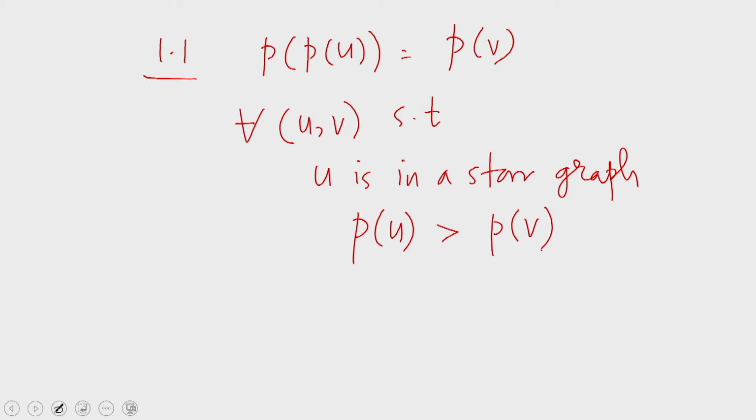Now, the new pointer being defined here is this. The pointer is from P of u to P of v.